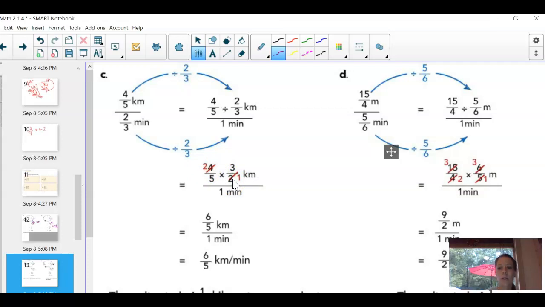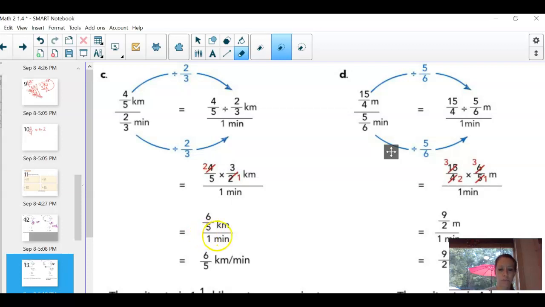And if you're really struggling with cross-canceling, which is this process right here, we just really need to have a conversation about that because that is going to make a lot of reducing fractions easier. So now I divided 4 and 2, both divided by 2, leaving me with 6 over 5.